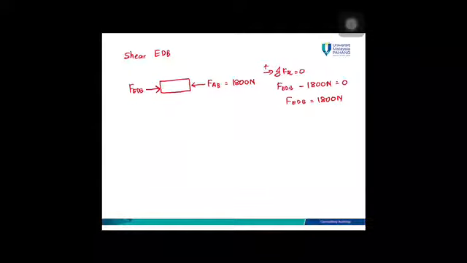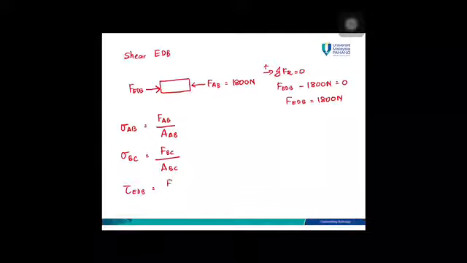Now convert it into stress. Stress AB is equal to FAB divided by area of AB. Stress BC is equal to FBC divided by area of BC. Shear EDB is equal to FEDB divided by area of EDB.